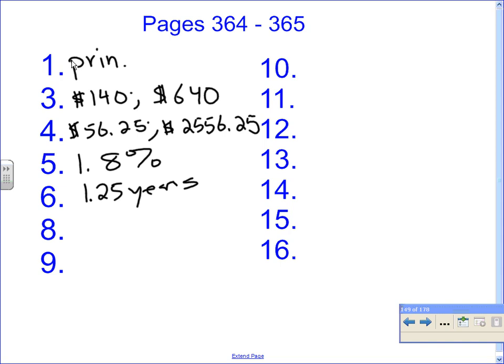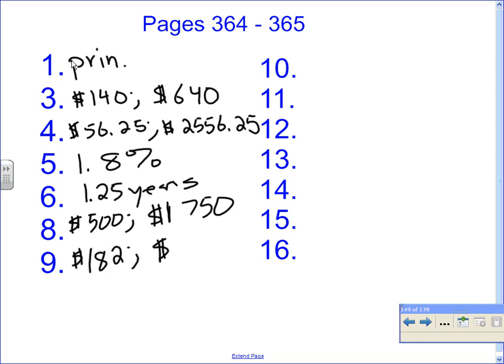Okay, number eight. Emma M, number eight. 500. And what's your other one? It should be 1,750. Careful on that. It might just be a little mistake. Zach, number nine. Yep. Good.